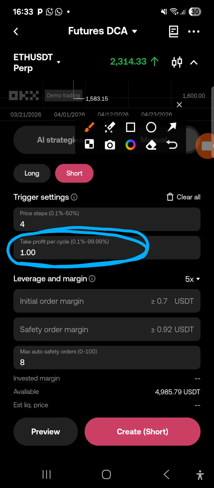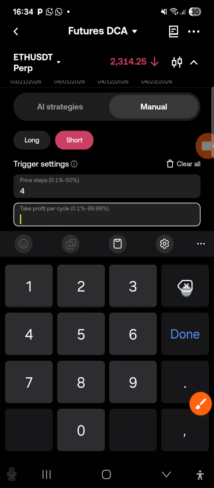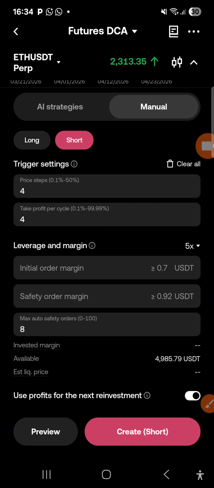For example, when I'm longing and the price moves up by 5%, the market gives me profits. When I'm shorting and I command that when the market moves down by 4%, the robot sells and gives me some profits.